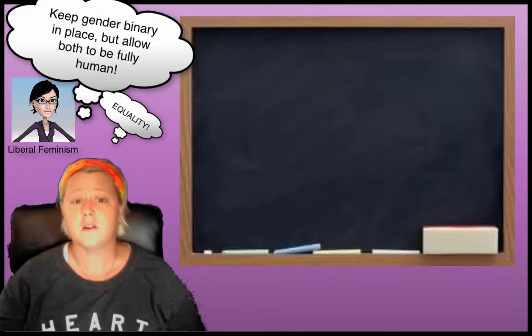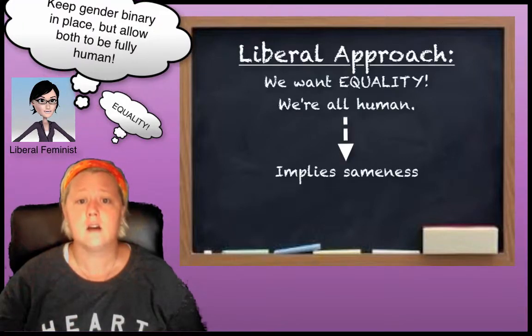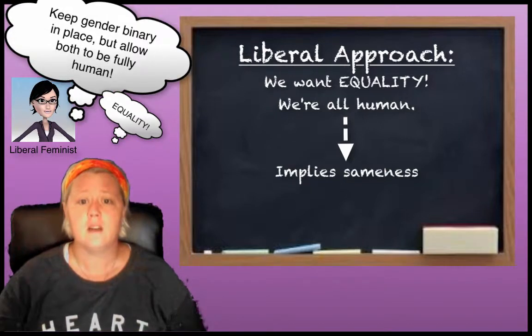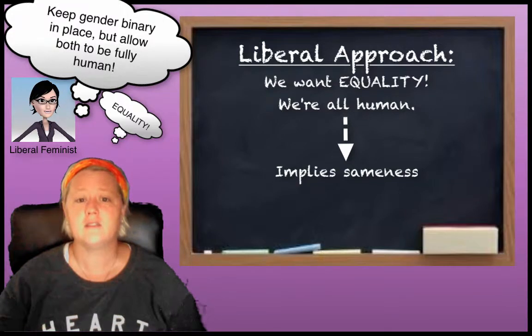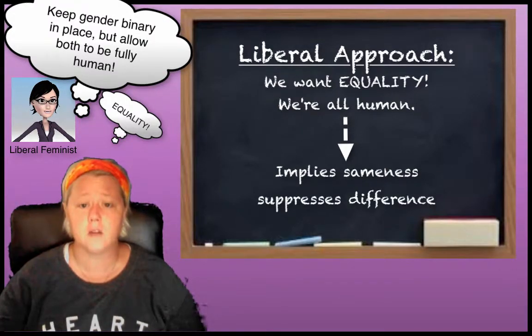Beauvoir and others are going to have an issue with this kind of liberal approach that really seeks equality among humans and this notion that we're all the same. Because the fact is we're not all the same. This feminist approach that seeks to undermine oppression from the perspective of equality suppresses differences among men and women.